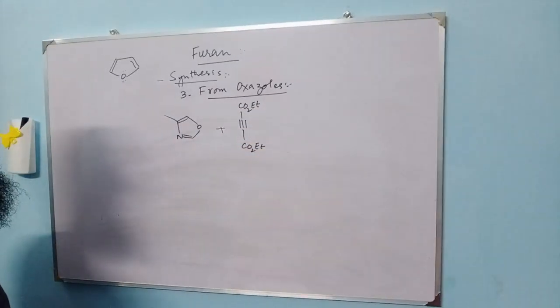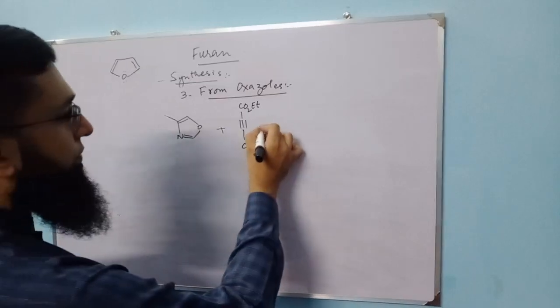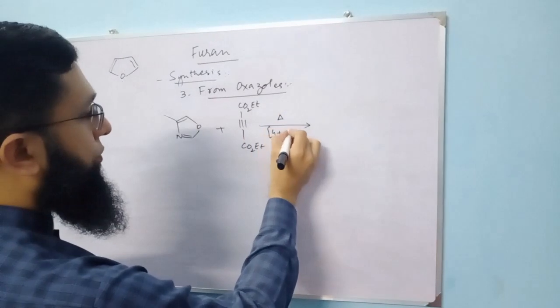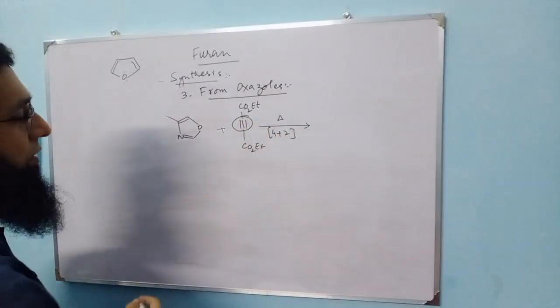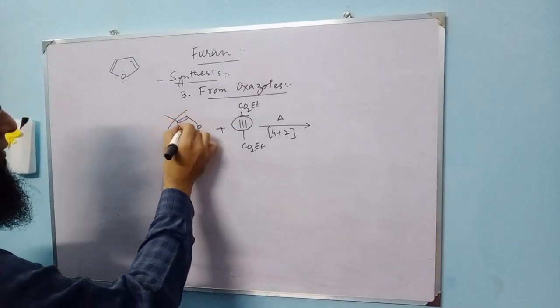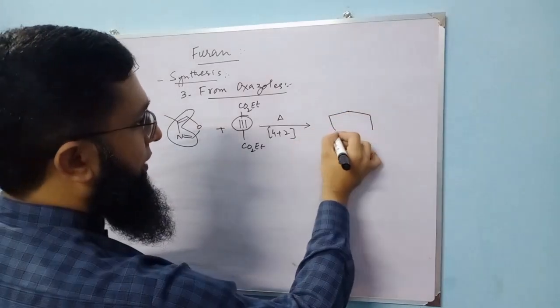And we react it with diethyl acetylenic dicarboxylate. So this reaction is 4+2 cycloaddition reaction, where this is reacting as dienophile, and here we have diene, so we will get 6-membered ring.